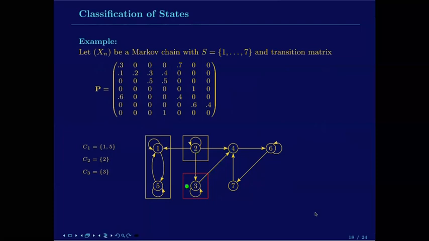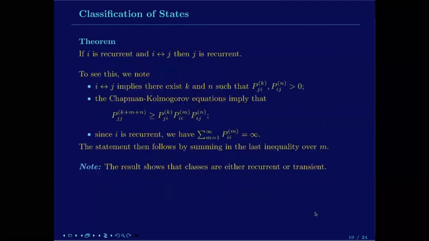So 3 again is a class in itself. And finally, because of this loop, the final 3 states form a class. They are all accessible from each other, but they're different from the other classes.